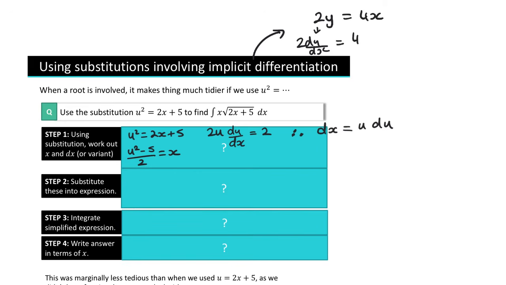Equals 4. However, in our case, we have u squared equals 2x plus 5. So this time we're going to differentiate u with respect to x. So if we're differentiating u squared, this becomes 2u du dx. We're technically treating our u as the y. Okay, this is what's happened. And then obviously 2x plus 5 differentiated is 2.